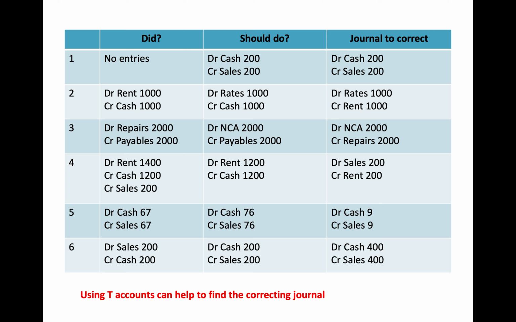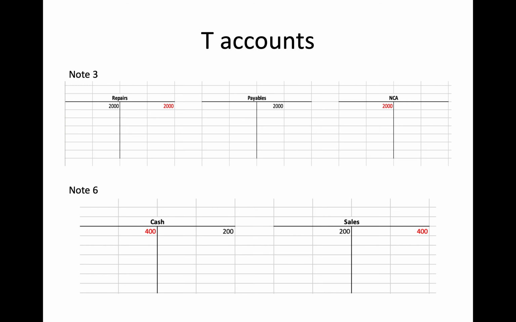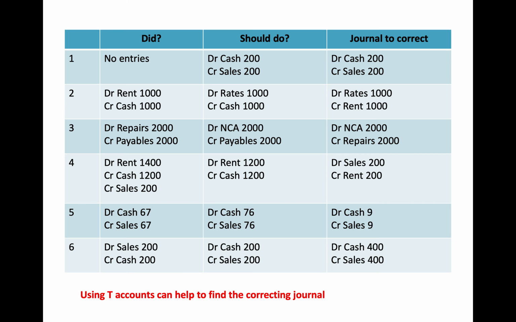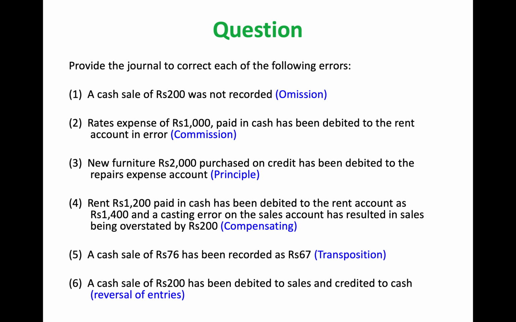You can use the T account to help you find the correcting journal, and this is on the next slide. If we pick note 3 in your question, new furniture 2000 rupees purchased on credit has been debited to the repairs expense account.